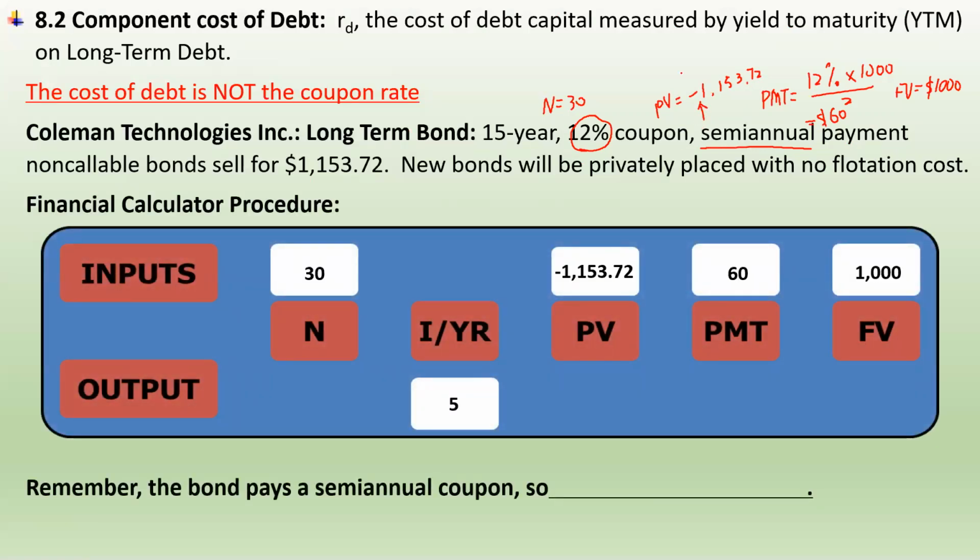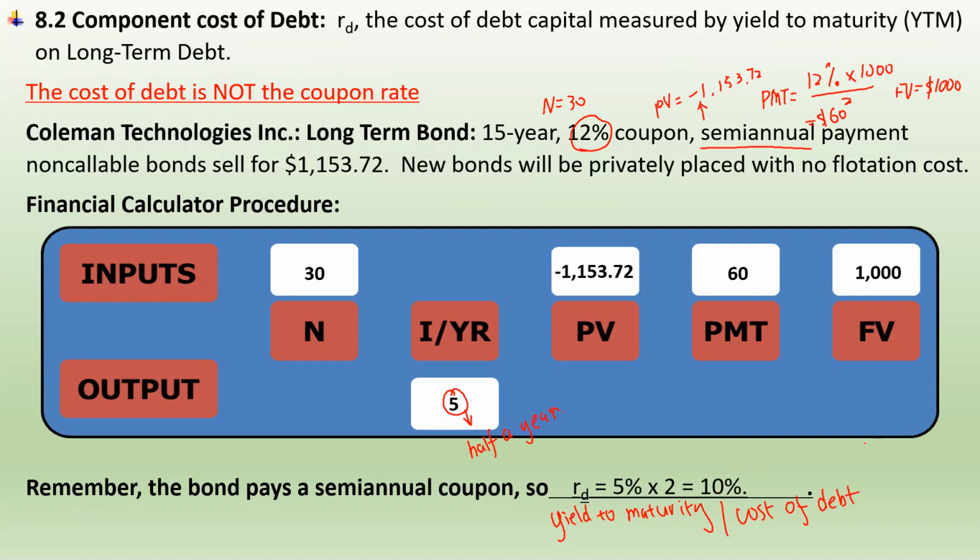Then we can solve for the yield to maturity for half a year, which equals 5%. So the annualized yield to maturity is 10%, which is also the cost of debt capital.